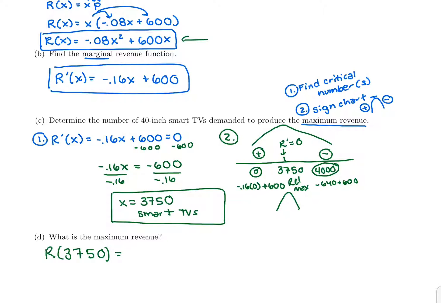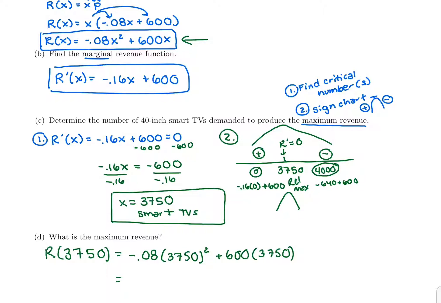So I'm looking way back up here to where we found the revenue function. We're going to do negative 0.08 times 3750 squared plus 600 times 3,750, so seeing what the y value of our max is.